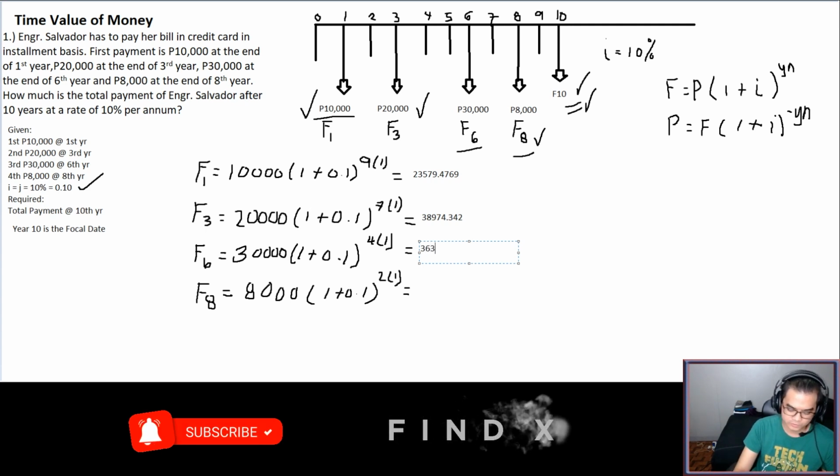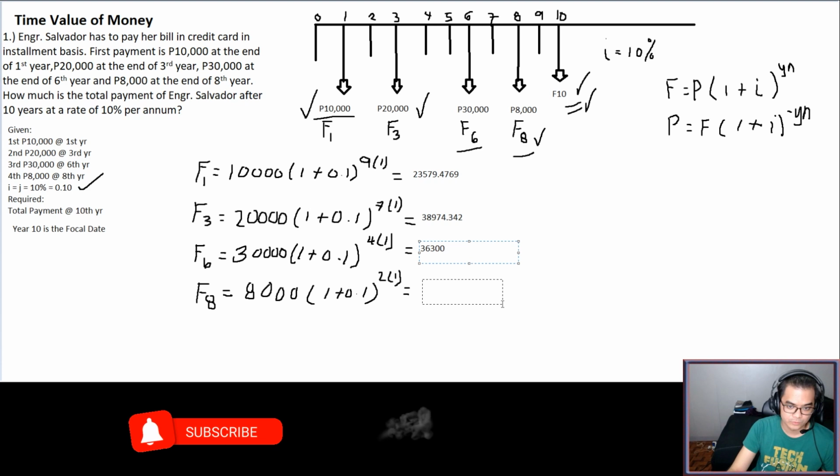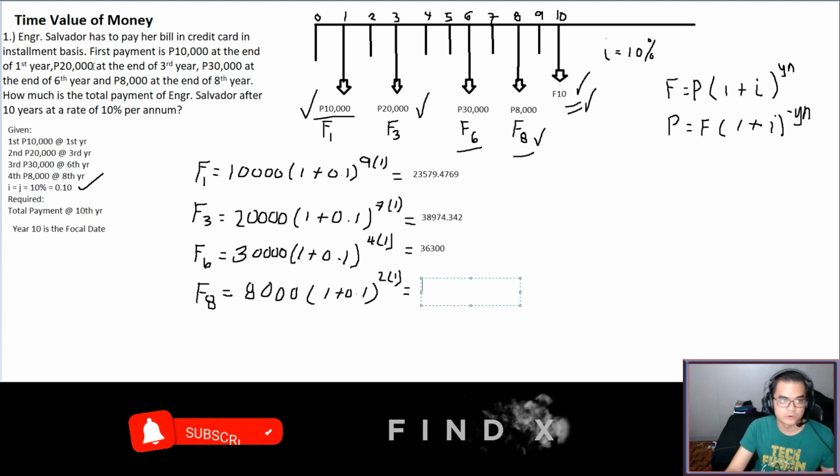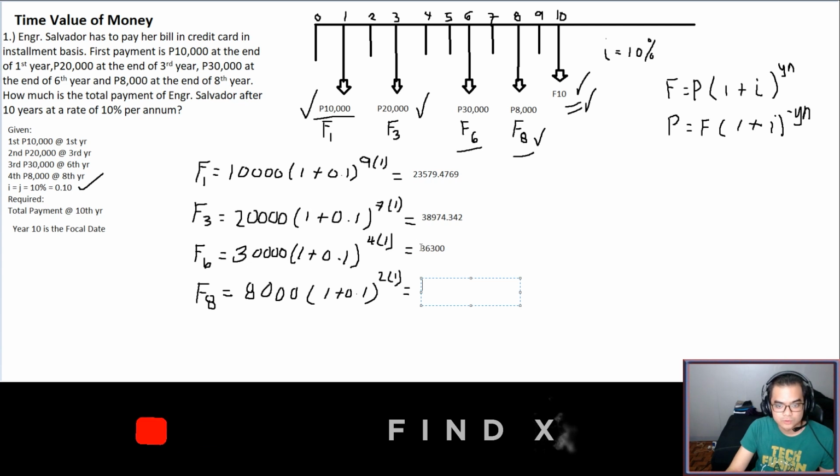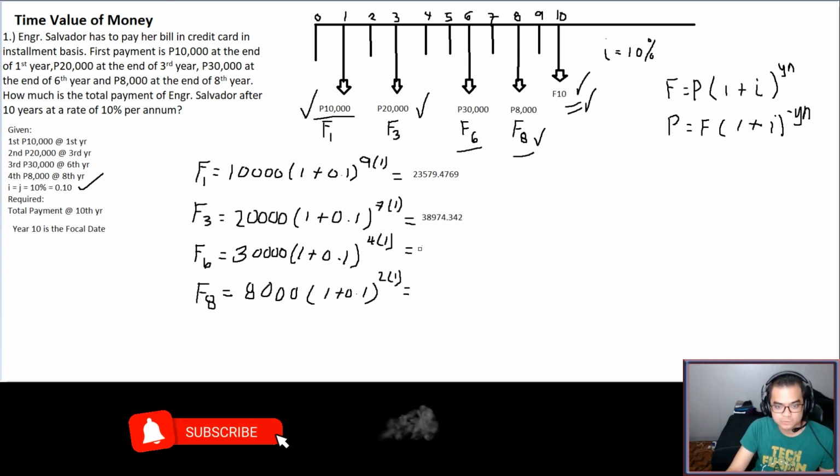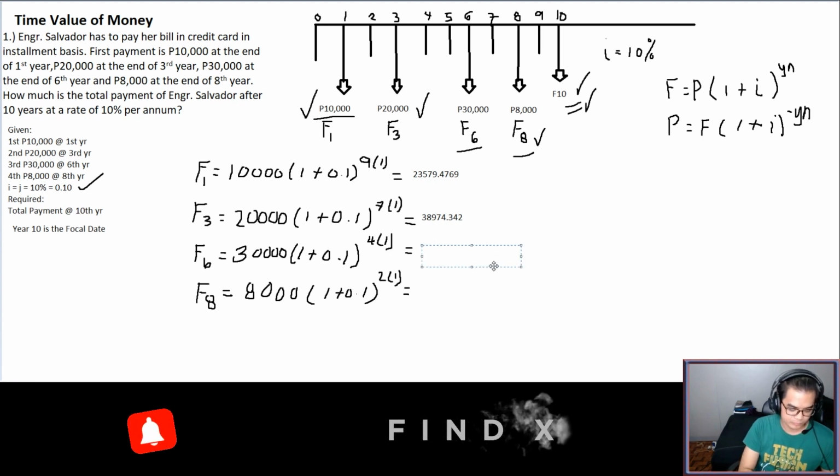This is 36,300. That's not the exact amount. Oh no, nope. Sorry, I think I got it wrong. This is 30,000 times 1.1 raised to 4, right?